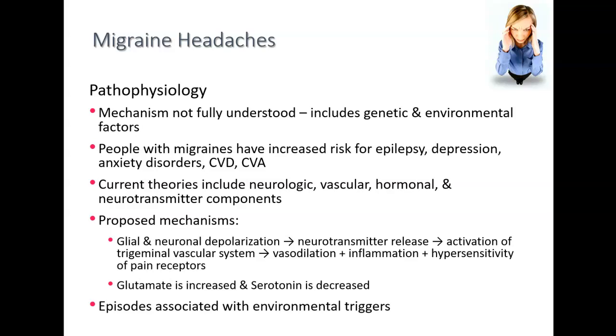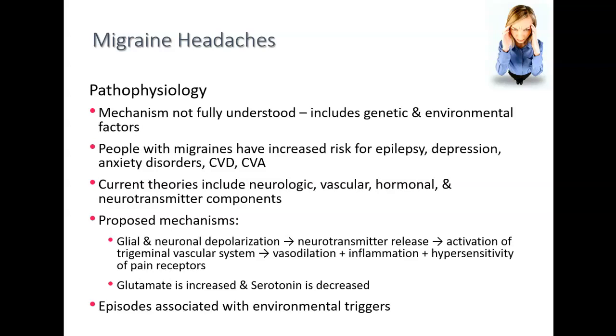For those of you who were in class, you heard me talk about my son who had lots of migraines starting from the age of 4 and then was diagnosed with epilepsy at the age of 25. He also has depression as well. So, interesting, it just fits that profile.